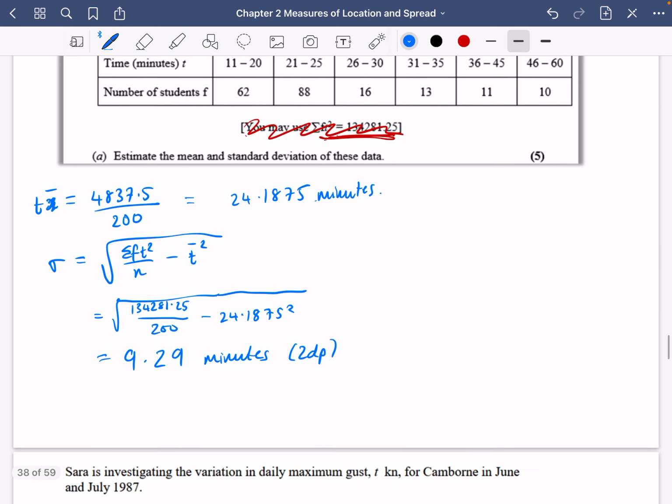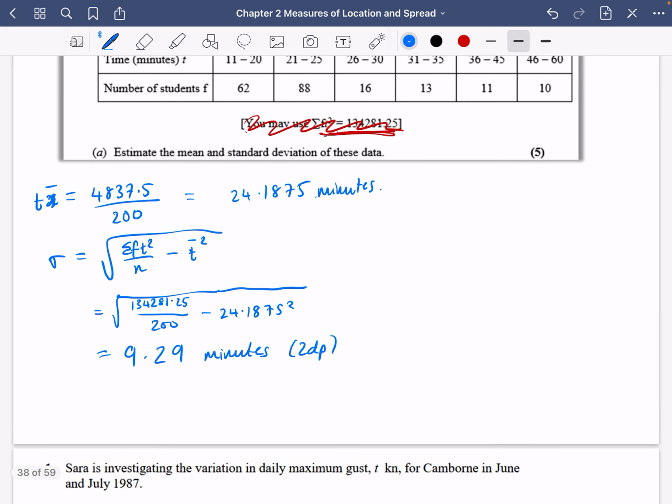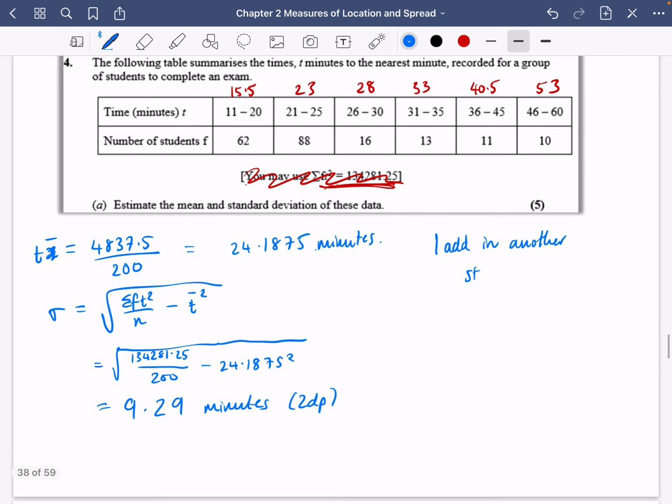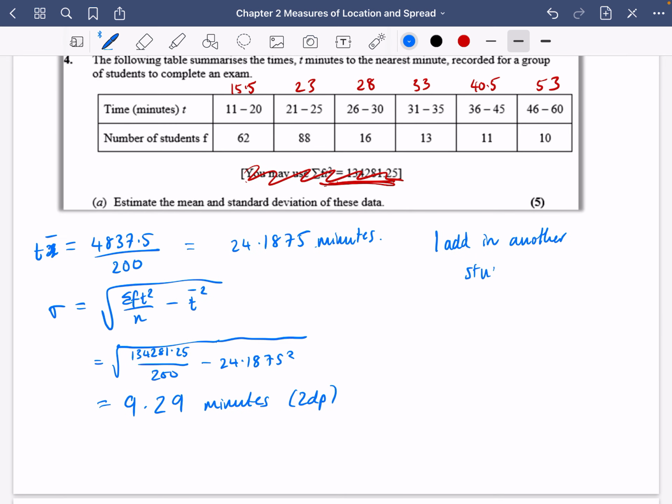Okay, so I'm going to add in a little extra bit here. Let's say I add in another student and they took 30 minutes to complete the exam.